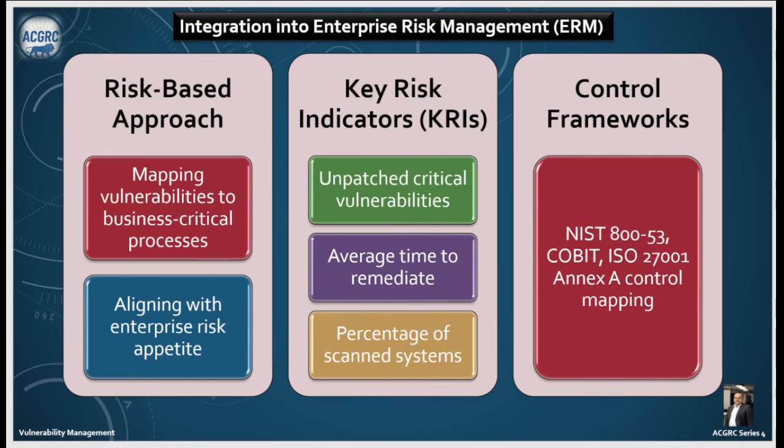With KRIs, or key risk indicators, unpatched critical vulnerabilities are reviewed, average time to remediate is looked at, and percentage of scanned systems is calculated. From a control framework perspective, you have NIST, Audit, ISO as a reference.